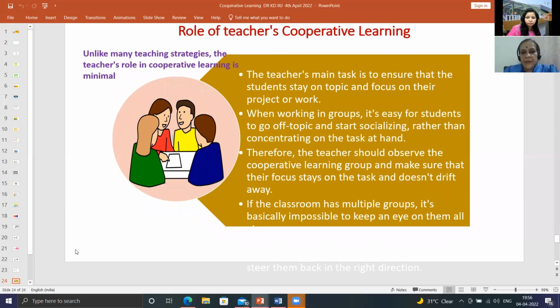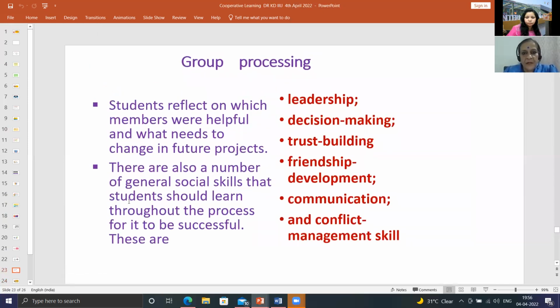So, this is my presentation for today. And here I would like to explain how group processing will be done in cooperative learning. This will happen continuously throughout the whole task.